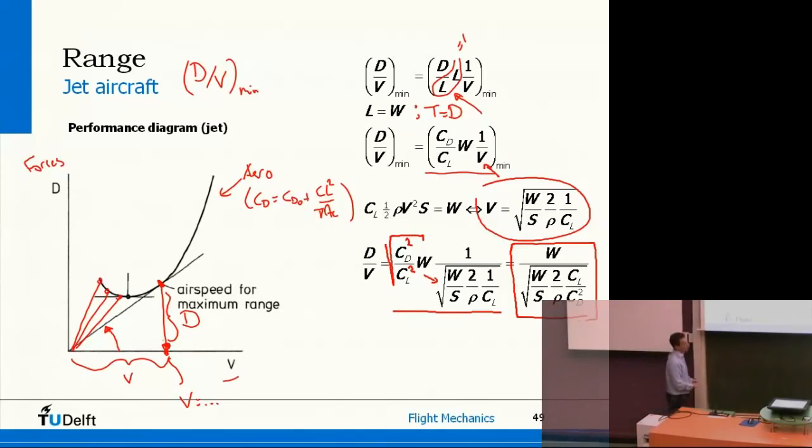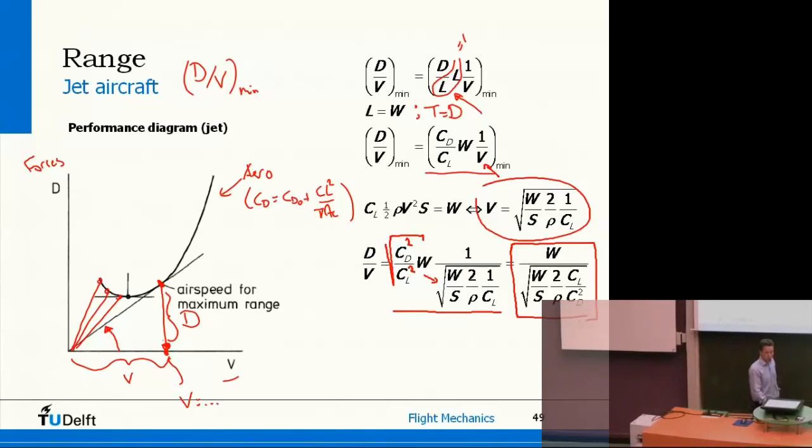So this means that that parameter CL over CD squared must be at its maximum to achieve maximum range. So that's nice, because just like in the previous example for propeller aircraft, now we have some kind of a ratio of lift coefficient and drag coefficient where you get maximum range.